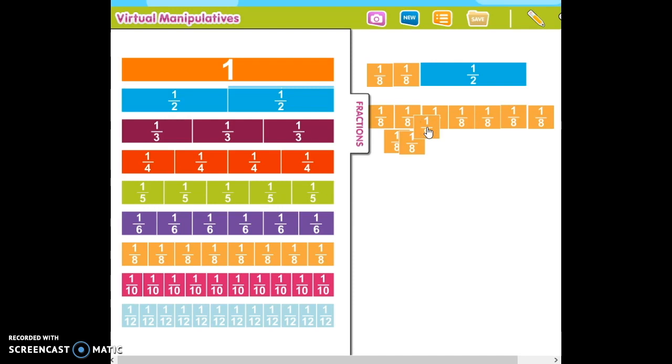Connor walked 2/4 on his first day, 2 copies of 1/4. And on his second day, he walked 6/8. So more of the eighths: 1, 2, 3, 4, 5, 6.